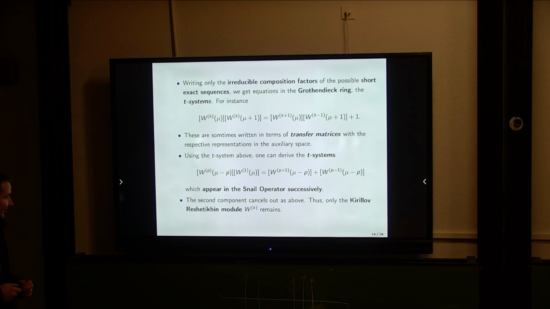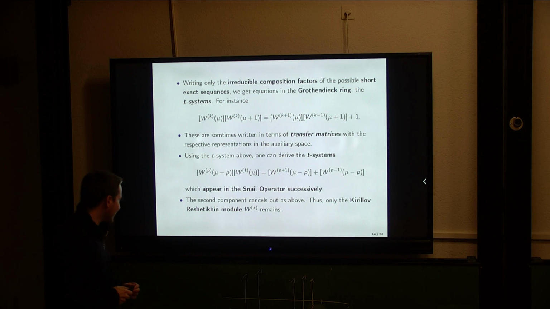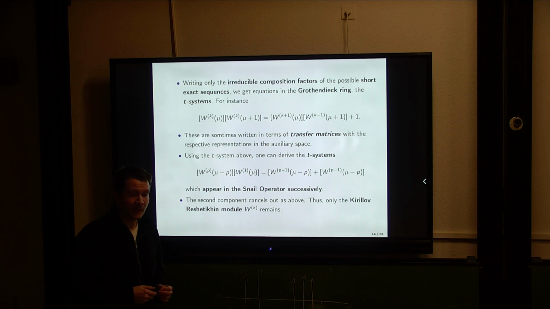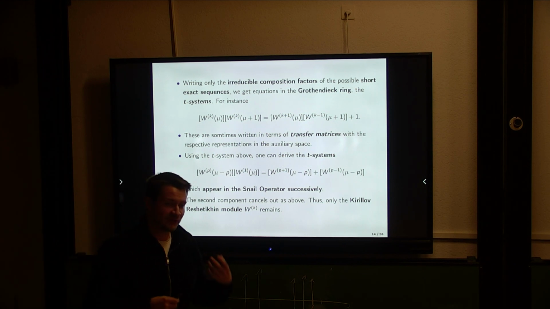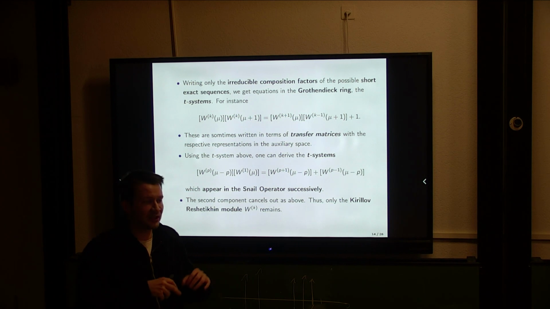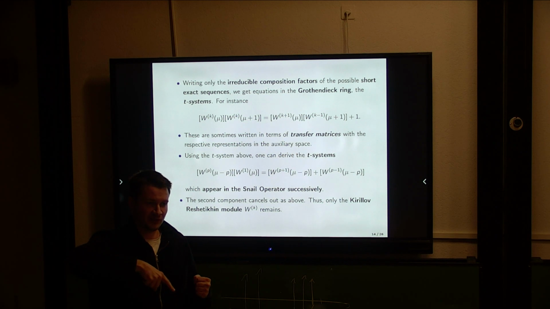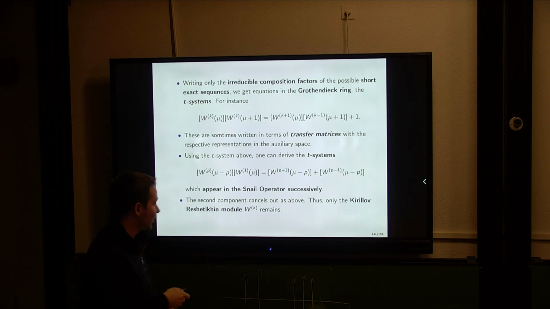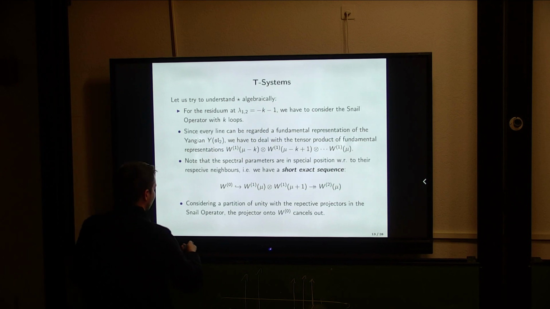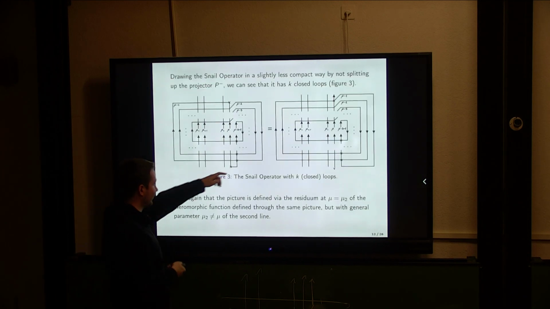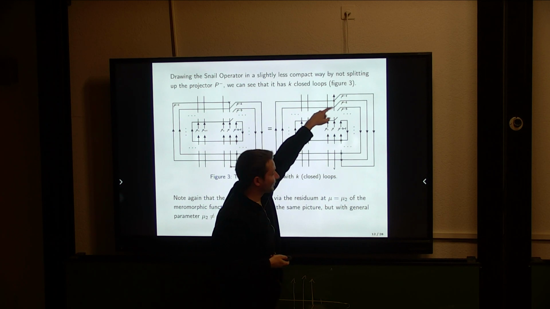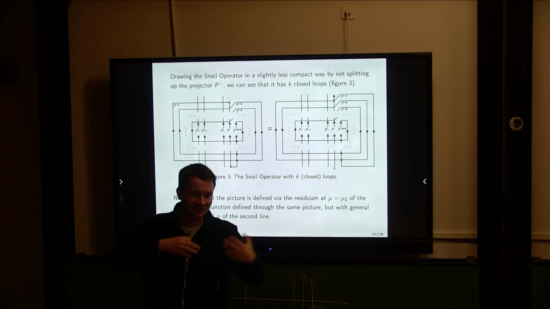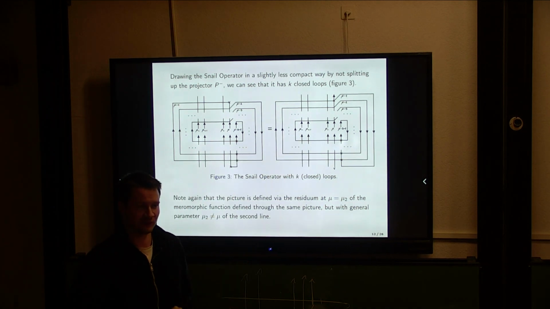What do you mean the projector cancels out? If you put in the projector, you can do a partition of unity in these lines, and you can just multiply the projector in, and somehow because of these crosses that we saw, and because of this singlet, they give 0, they just cancel.